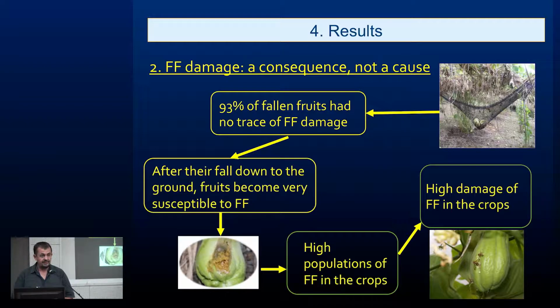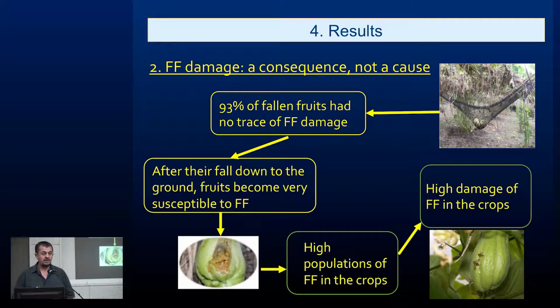So it means they don't fall after an attack of fruit flies. But after they fall to the ground, they become very susceptible to fruit flies, because they give off pheromones that attract females of fruit flies, which can easily come and lay eggs in this fruit.